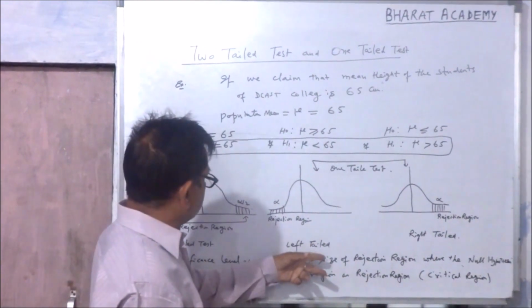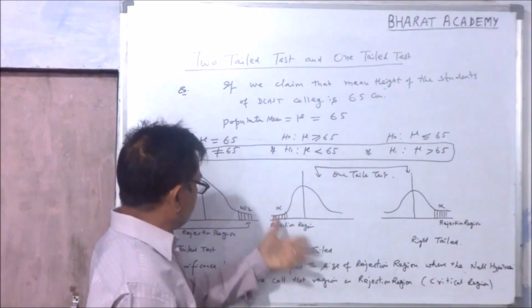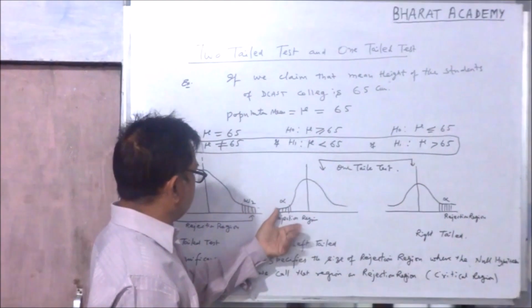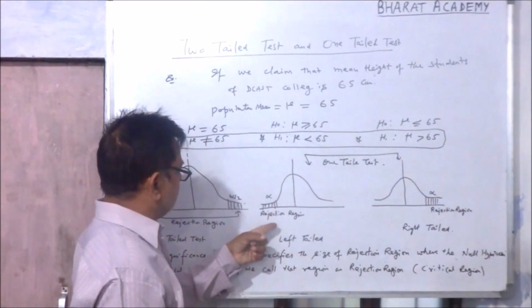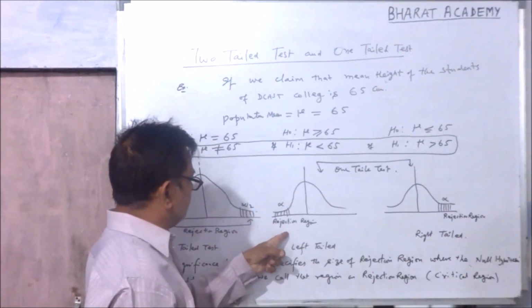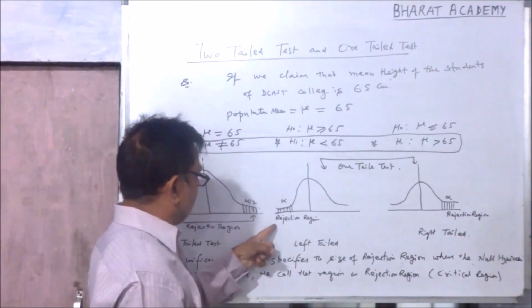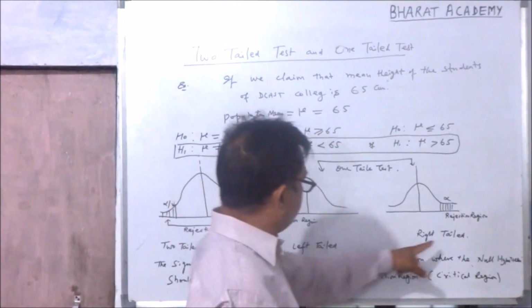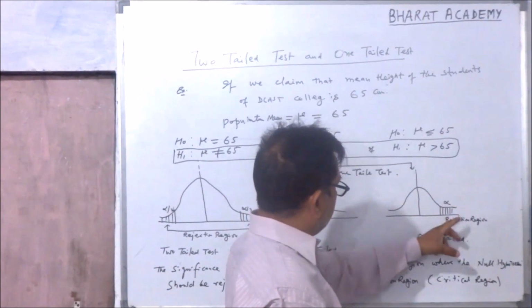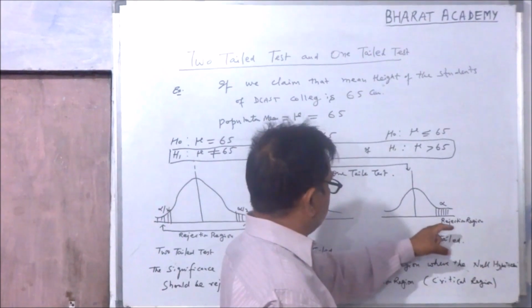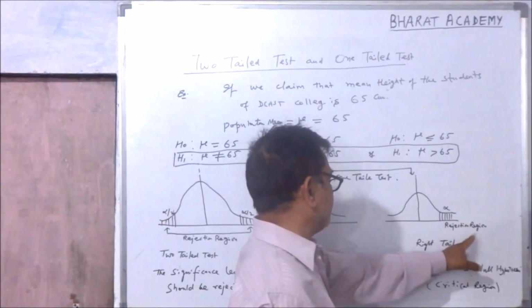In left-tailed test, alpha is not divided and it lies in the left of the curve, and in this case the null hypothesis is rejected in the left tail. In the right tail test, alpha is not divided and the null hypothesis is rejected in the right region.